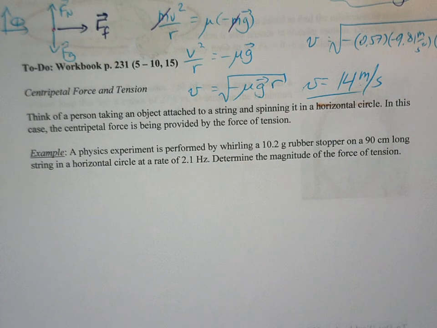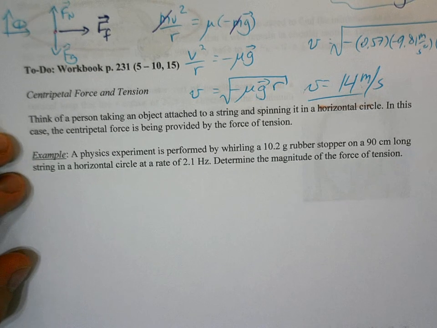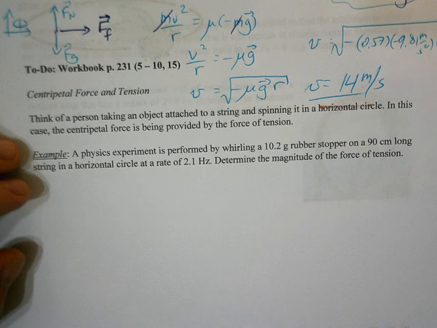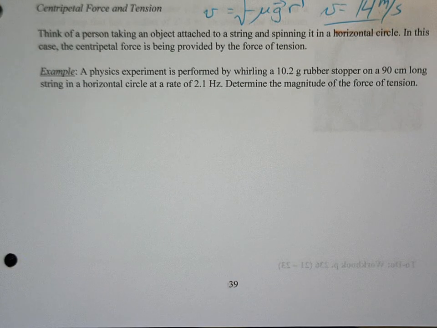If you're in circular motion, we have to tell you whether it's horizontal or vertical unless context makes it obvious. So like a car driving on a flat road, it's fairly obvious from context we're talking about horizontal motion. Now, with things that are on a string, we have to be very explicit. Is it horizontal or vertical circular motion?